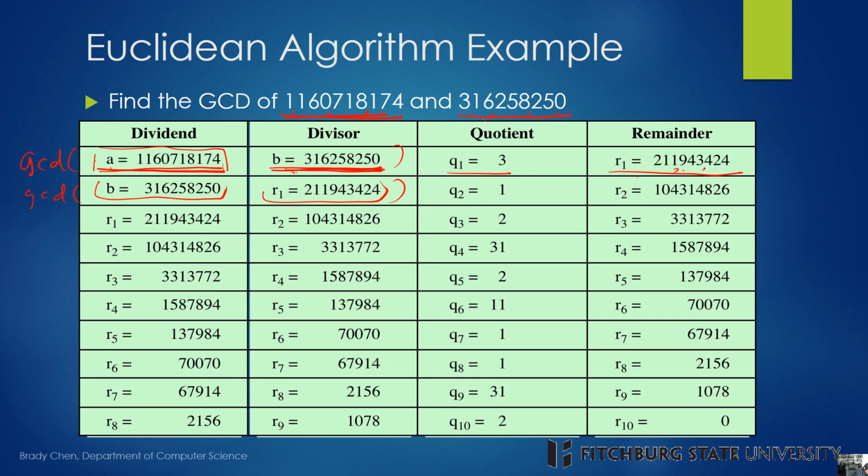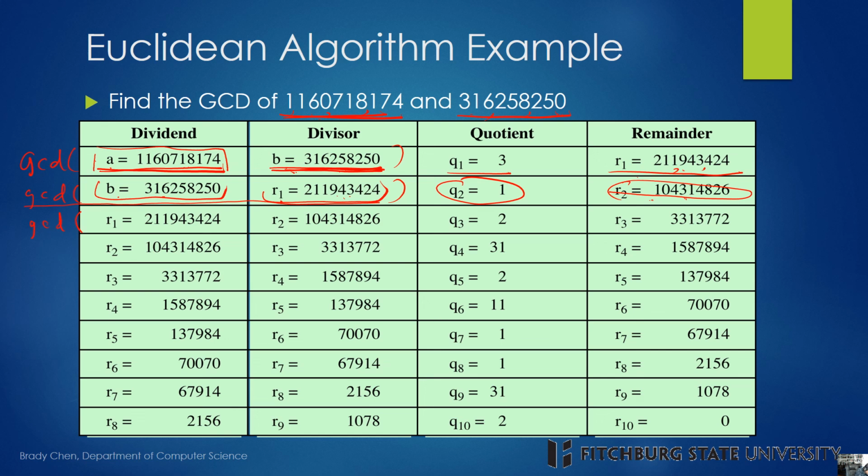Now, let's repeat this. We divide B by R1. We got a quotient of 1, and then we got a remainder R2. And R2 is smaller than R1, and R1 is smaller than B. So now we turn this GCD problem of B and R1 into the problem of finding the GCD of R1 and R2.